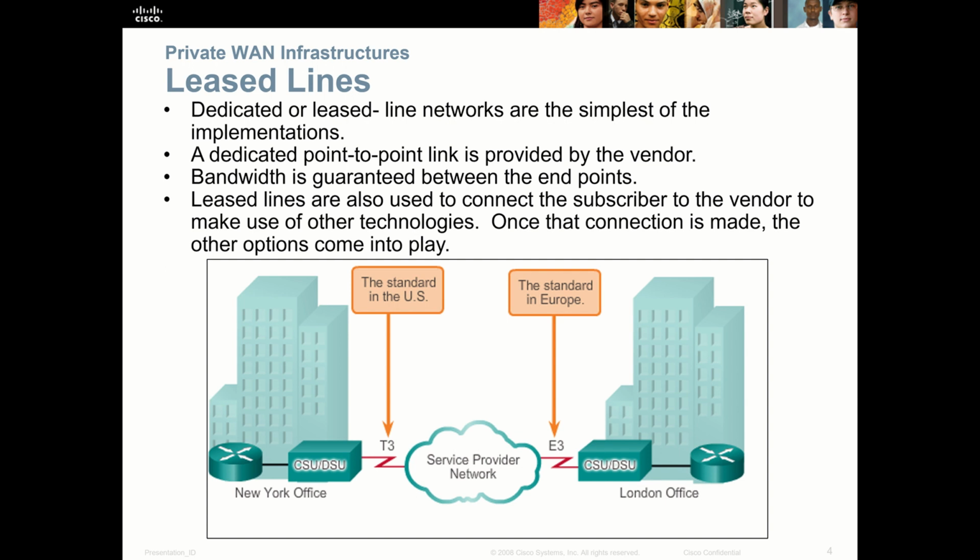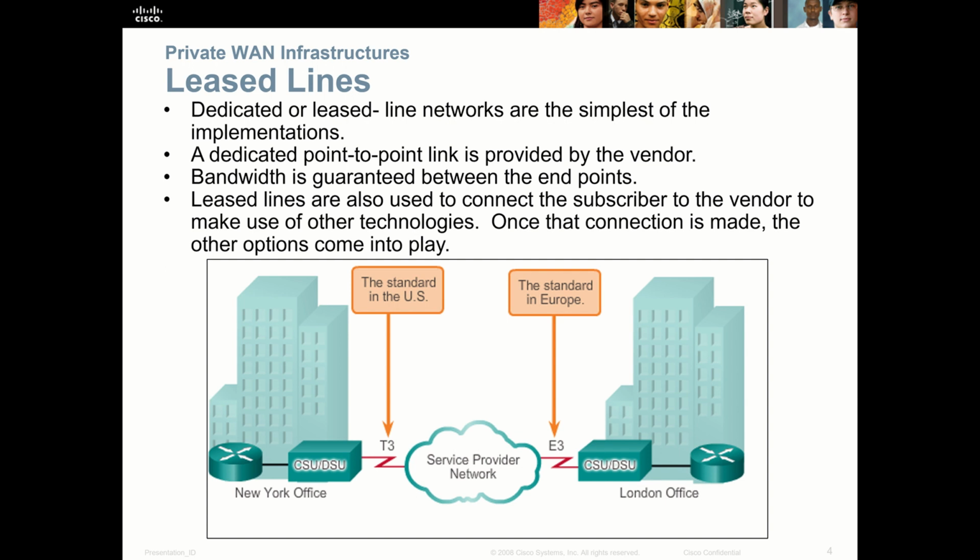You can see here there is a difference between the standard use of the lines. Between the New York office and the service provider network, they use T3, because the line standard depends on which continent you are in.